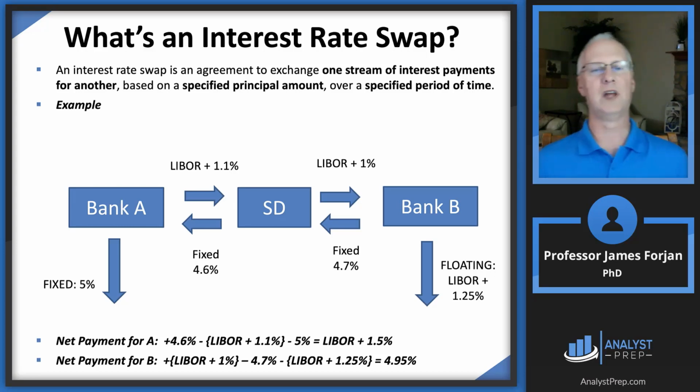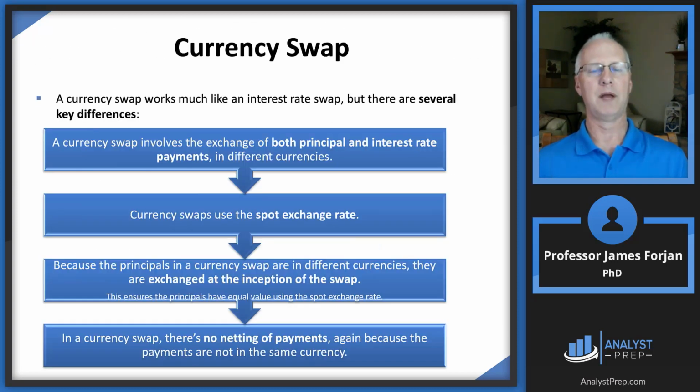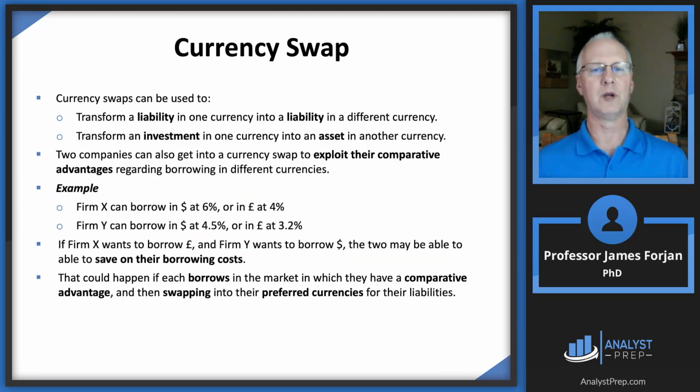And B has done just the opposite. So if I come back here, I hope I'm not giving you vertigo by going there too quickly. What you can do is you can do the same kind of thing here. You can convert balance sheet kinds of items into other balance sheet kinds of items in different currencies.